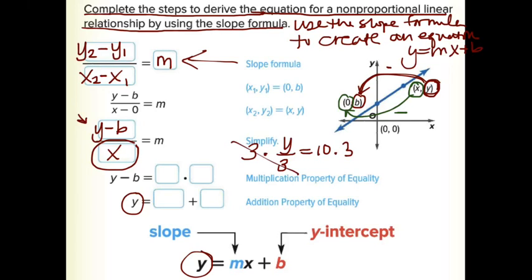And my 3's would eliminate, because if I made that a fraction, 3y over 3 becomes just y. So any number divided by itself is 1. So we're going to use that knowledge to say, okay, I'm going to multiply both sides by x. And if I multiply both sides by x, these x's will cancel. And I'll be left with y minus b equals m times x.